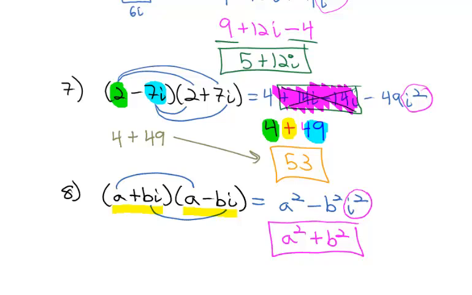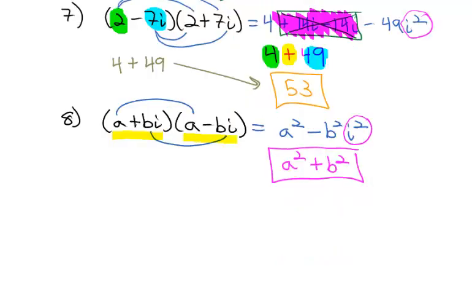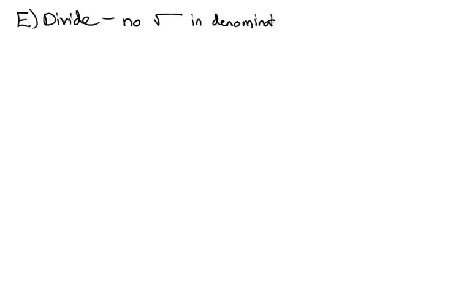It only works with conjugates, but it's very important when we start talking about how we divide complex numbers. The whole idea behind dividing complex numbers and what we're going to do here is that we can have no square roots in the denominator. And remember, i is a square root. We don't like to have square roots.